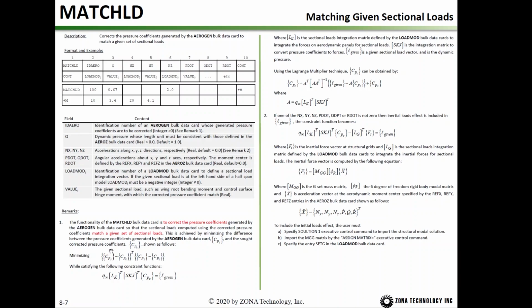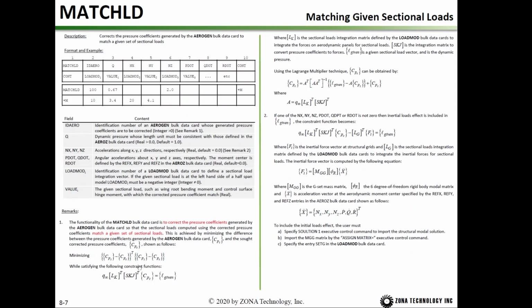After you have this corrected CP, you multiply the CP by the SKJ matrix. The SKJ matrix converts the CP to forces. Then you multiply by a load integration matrix. This load integration matrix is defined by the load Mach card, and multiplied by the dynamic pressure.